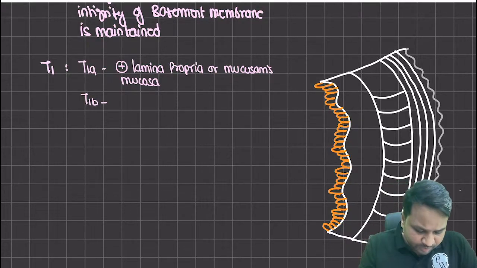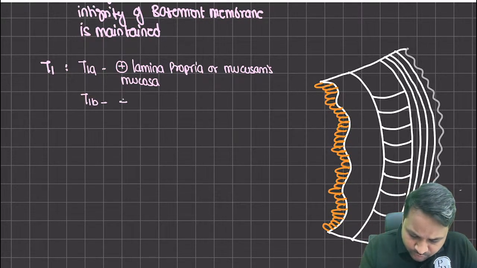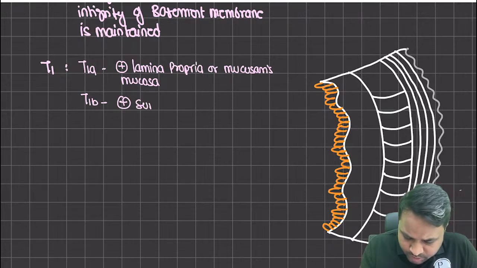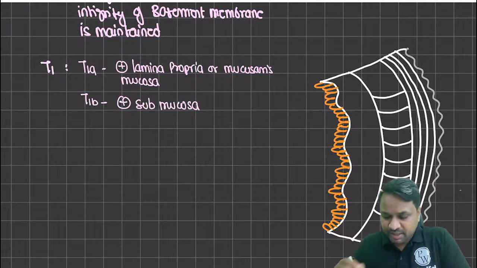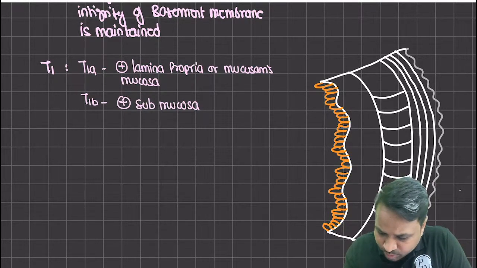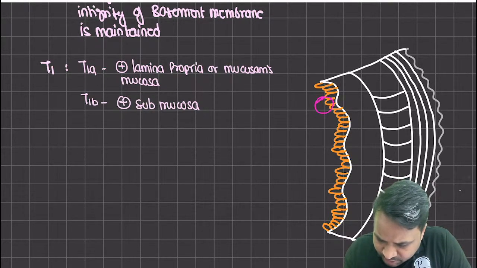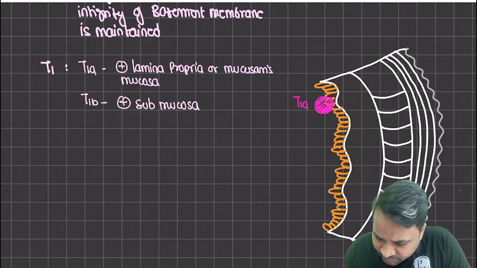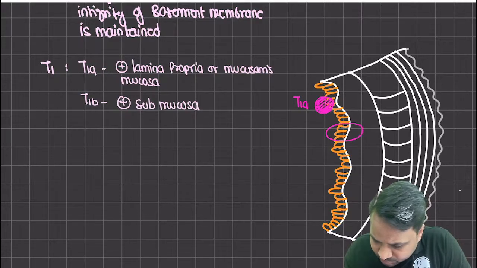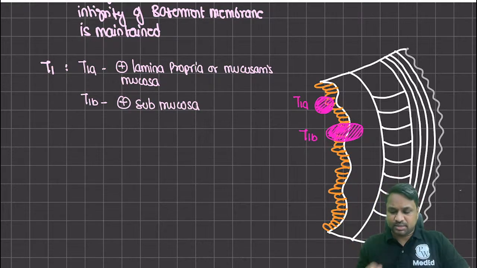T1b is if it is involving the submucosa. In simple words, a tumor confined to this area is T1a. If you see the tumor going into the submucosa, this is what we call T1b, as simple as that.